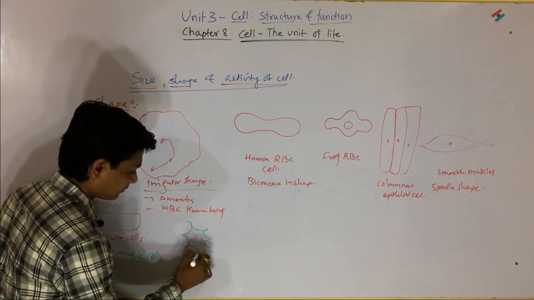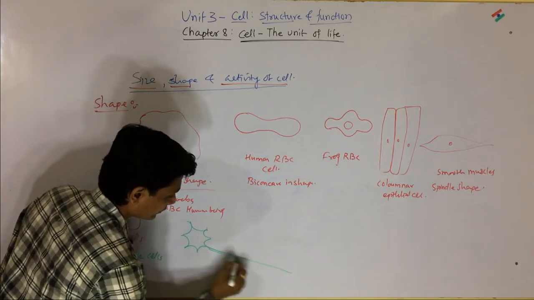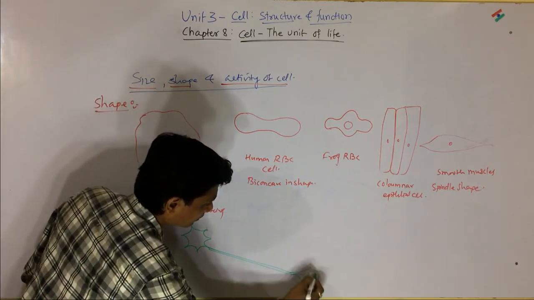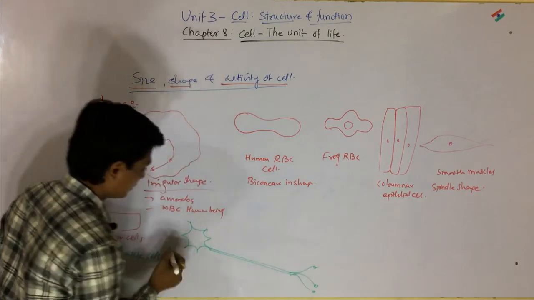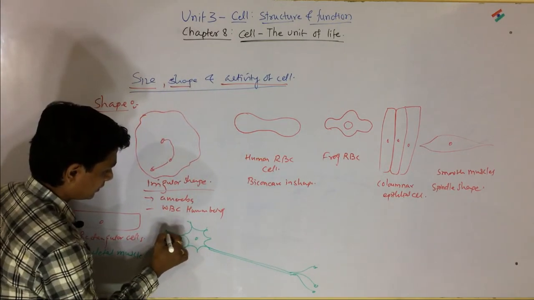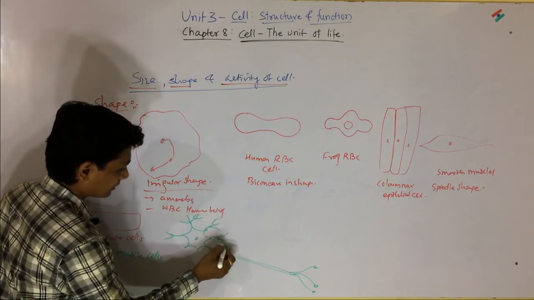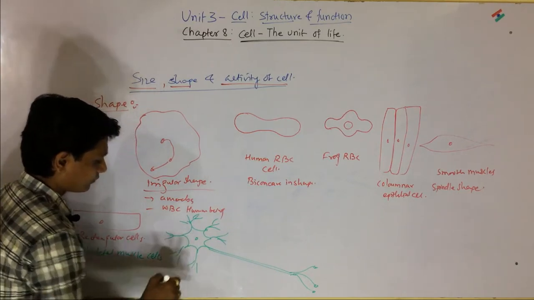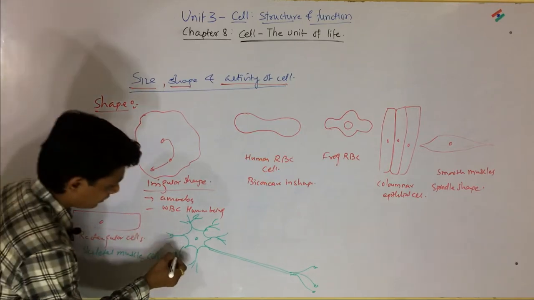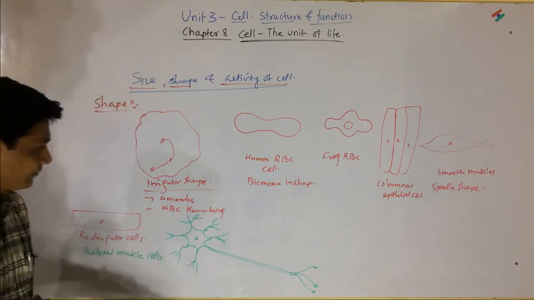The longest cell in a human being is the nerve cell. This is the body part, and these are the dendrites of nerve cells, which are very important to carry impulses.